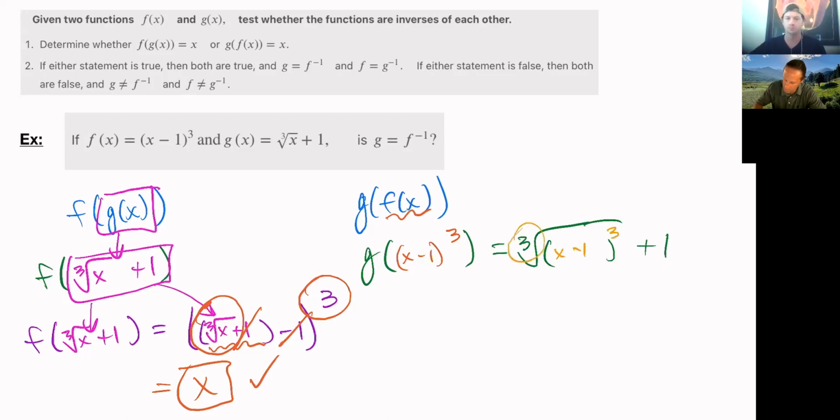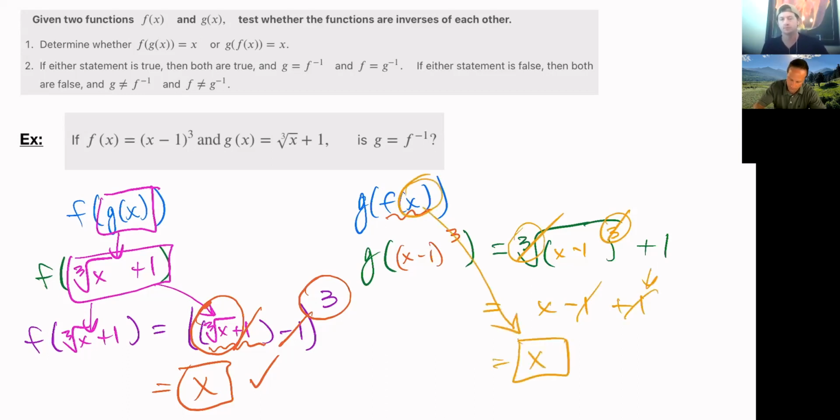So when you take the cube root of something cubed, again, inverse operation, you get x minus 1 out. Bring down that plus 1, they cancel. I get what I originally put in. So unfortunately, that's what we have to do to check that they are indeed inverses of one another.